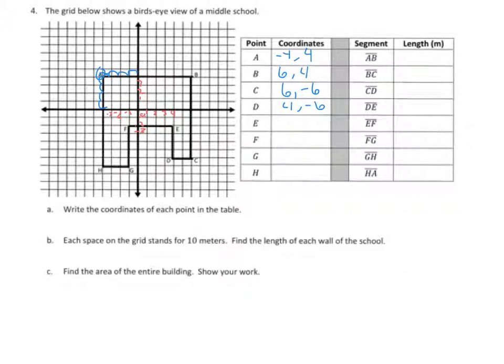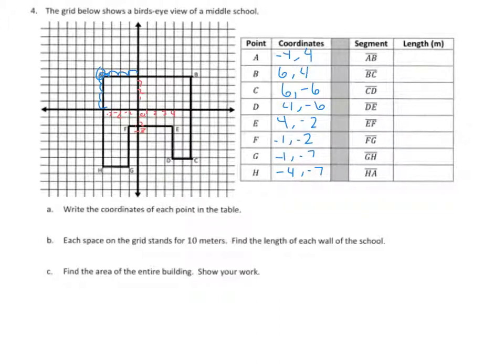E would be 4, negative 2. F would be negative 1, negative 2. G would be negative 1, negative 7. And H would be negative 4, negative 7. So those are our coordinates for A through H.